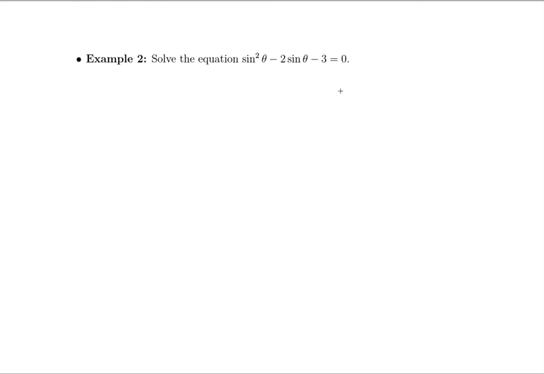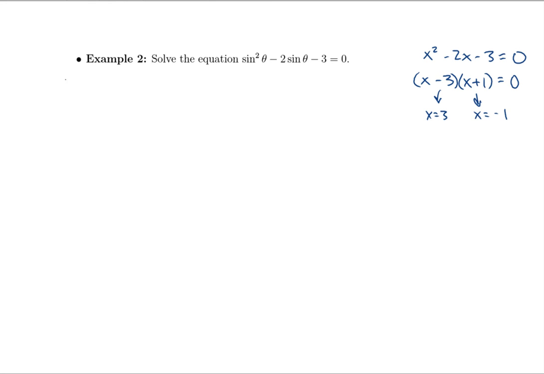But then hopefully what this kind of reminds you of is something like this, x squared minus 2x minus 3 is equal to 0. Well, if I saw something like this, then I would probably factor it just like that. Right, so x equals 3, x equals -1. All right, so maybe we should try that where instead of x, we're just using sine.